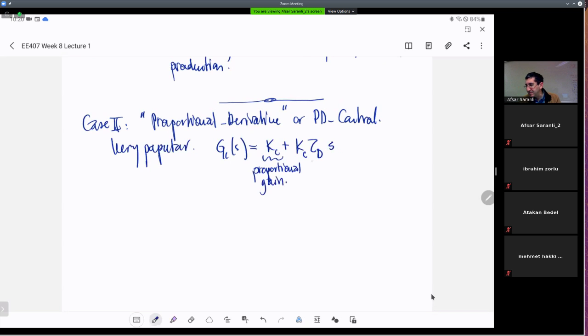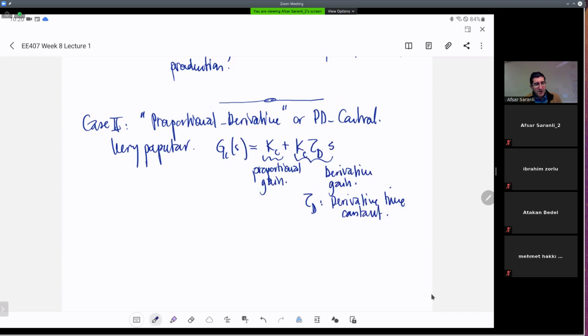And this whole thing is the derivative gain. Okay, but tau d is known as derivative time constant. Okay, so the combination of the derivative time constant with the proportional gain becomes the derivative gain.